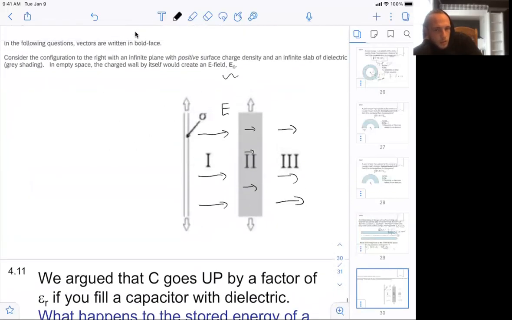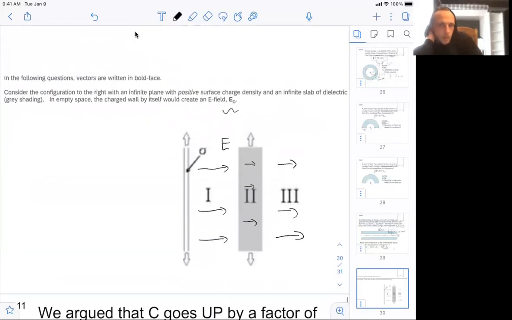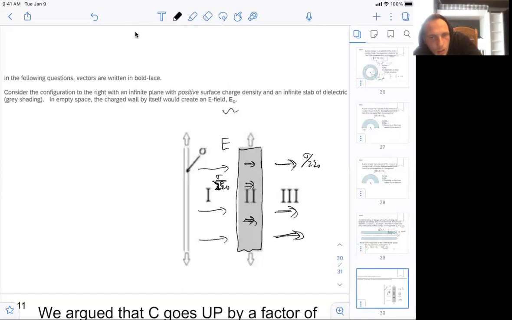So which means going to this question you have already done, your E here is just going to be sigma over 2 epsilon naught, like using Gauss's law. Here is exactly the same, only inside the material is going to be a little bit smaller. Outside of the material is just the same as before. And you can apply your boundary conditions throughout the surface.